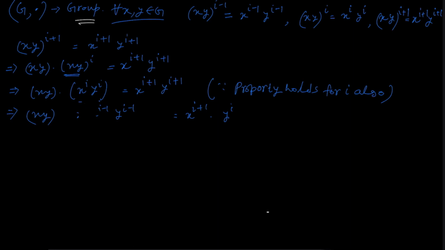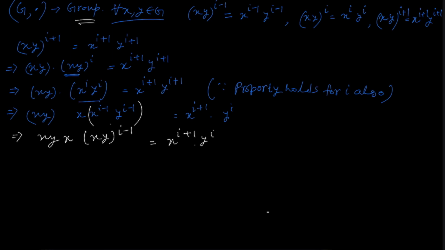Now see, for this part, x^(i-1) y^(i-1), we can replace this by (xy)^(i-1), because this property holds for integer i-1 also. So we will replace this in this fashion, so it will become xy · x · (xy)^(i-1), and in the right hand side it was this.